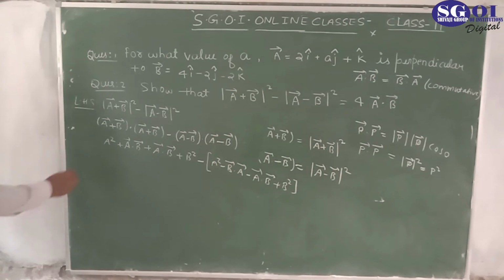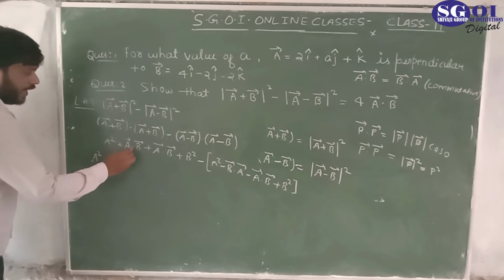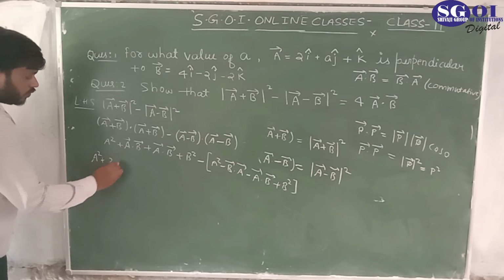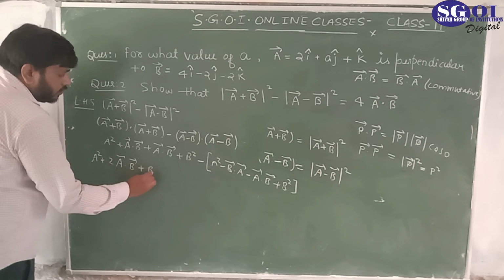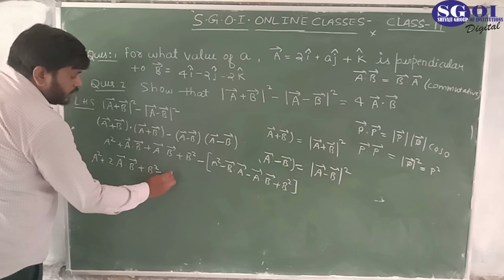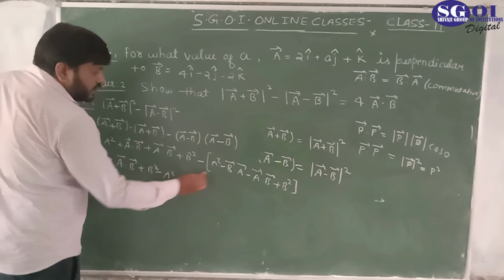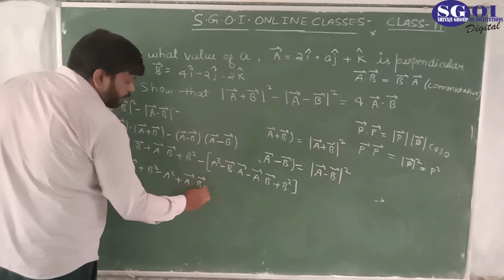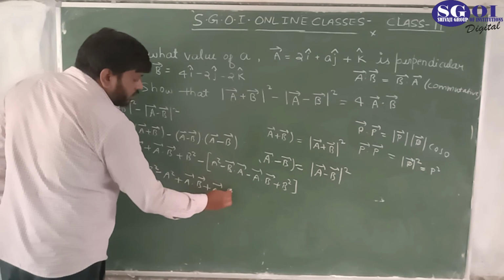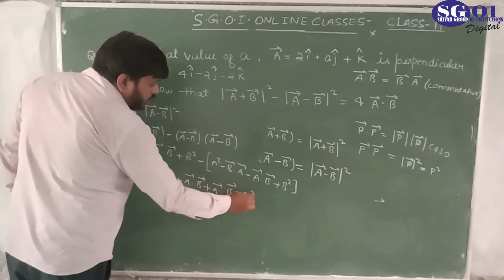Now open the bracket. This is a square, plus 2 a dot b, plus b square, minus a square, plus, we can write it as a dot b because they are the same, a dot b plus a dot b, minus b square.